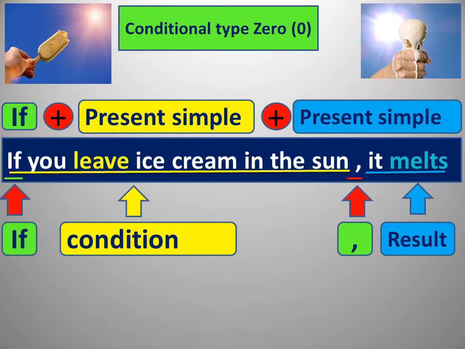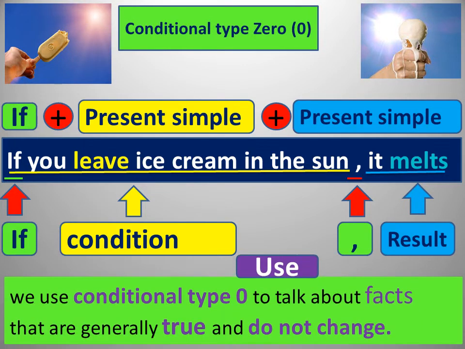Okay, the question now is, when do we use conditional type 0? What is the use of conditional type 0? We use conditional type 0 to talk about facts or realities that are generally true and do not change.